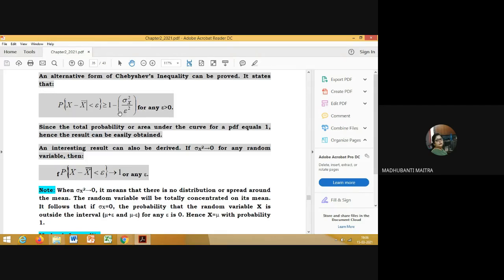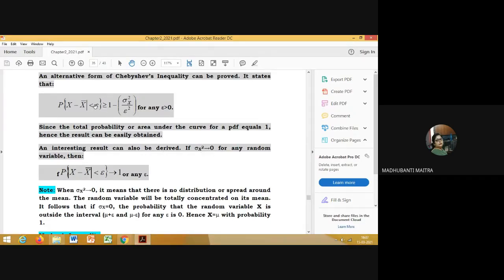An interesting observation: now look at this expression. If we assume that the standard deviation, or in other words the variance, is tending towards 0, that means there is almost no spread around the mean for the given density function, right? And that's why the variance is tending towards 0.